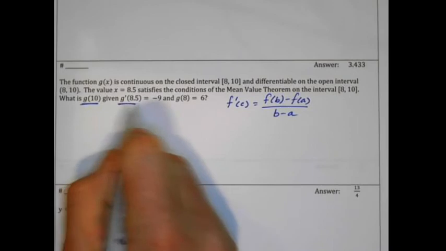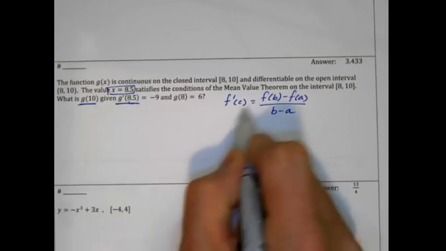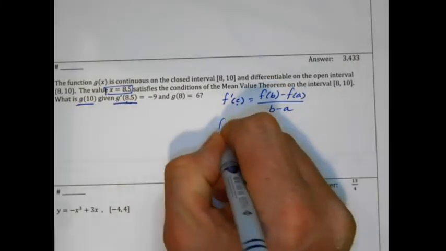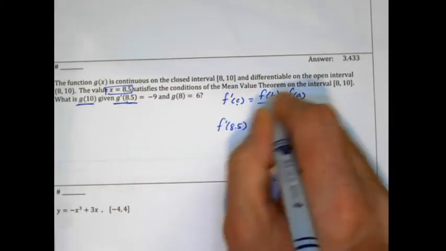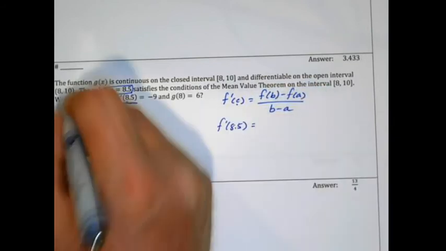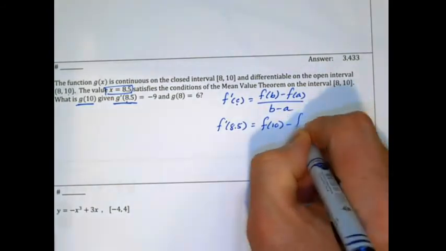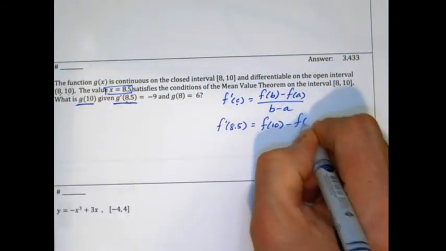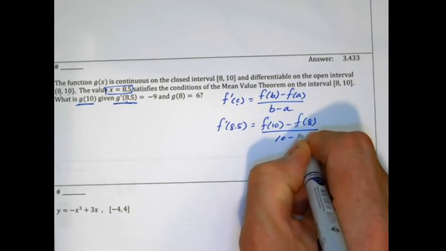We have g prime at 8.5, so my c value is 8.5. So I have f prime of 8.5 equal to f of b, well, b is going to be my 10, minus f of a, which is my 8, all over 10 minus 8.